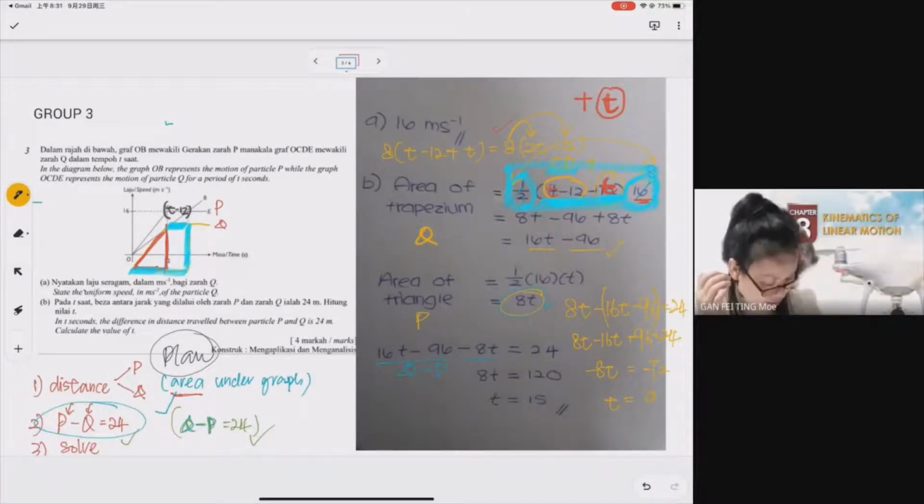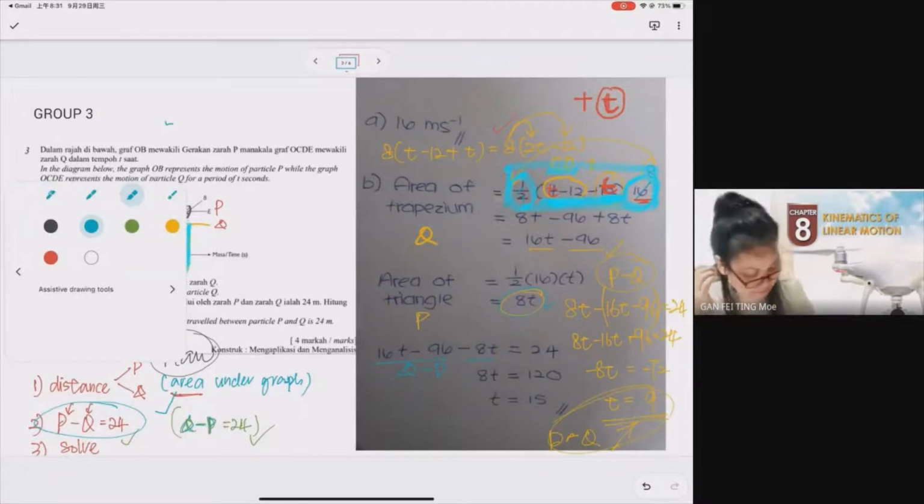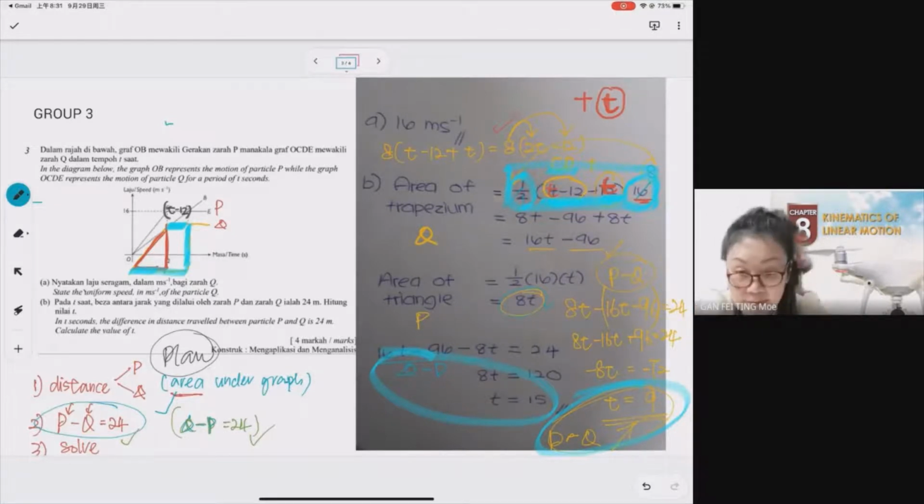So when I use P minus Q, I get 9. But Q minus P, I get 15. So now is the time you think of which answer is reasonable. Is your T 9 or your T 15?